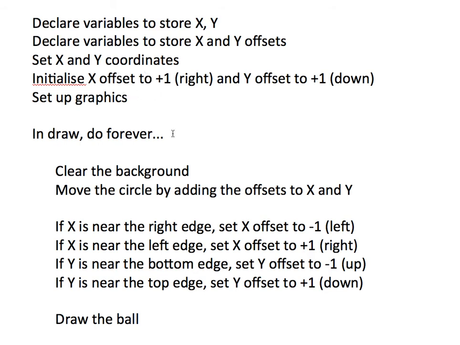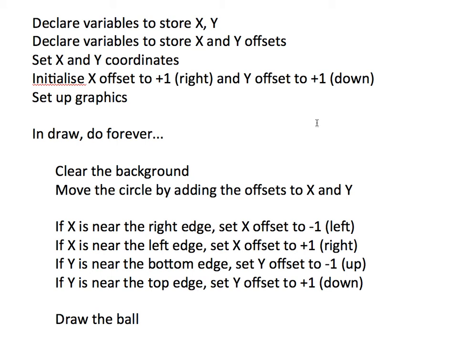Then in draw forever, we clear the background, which wipes the canvas, and then we move the ball by adding the offsets to the x and y. By adding either +1 or -1 to each of x and y, we move the ball diagonally.